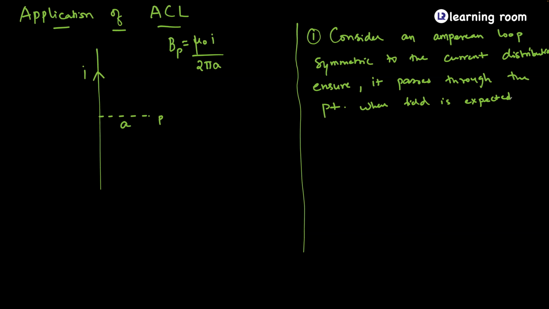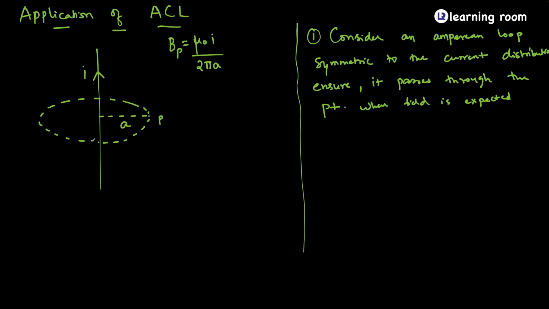So using the same logic, with respect to this current carrying conductor, what is the kind of Amperian loop I am supposed to consider? The Amperian loop that you need to consider will be a circle like this. Is that point clear?